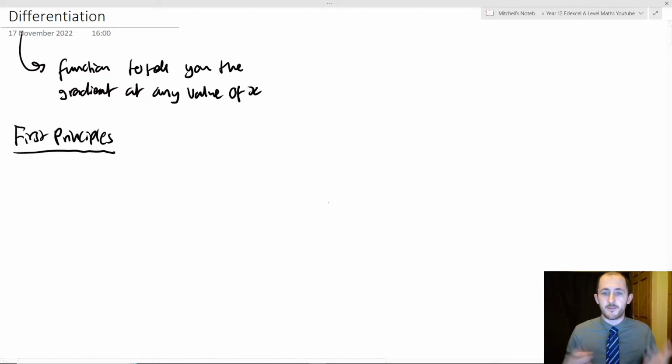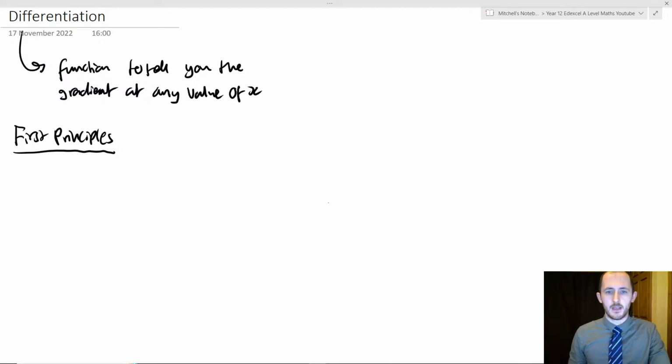We have predefined results. For example, the differentiation of sine x will always give you cos x. You don't have to prove it, but so you can see what's happening with differentiation, we need to be able to do first principles. And there are questions that literally say, show that the differentiation of this function is this from first principles. So we need to know how to do it. But again, when we're just normally differentiating, we don't need to prove it this way.